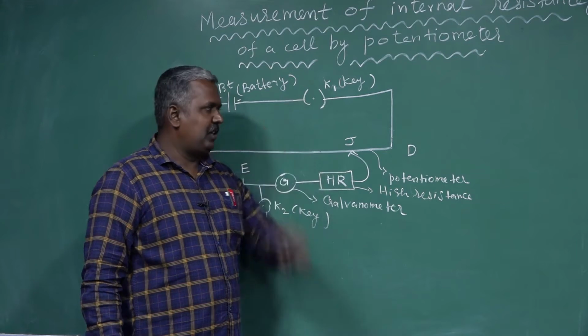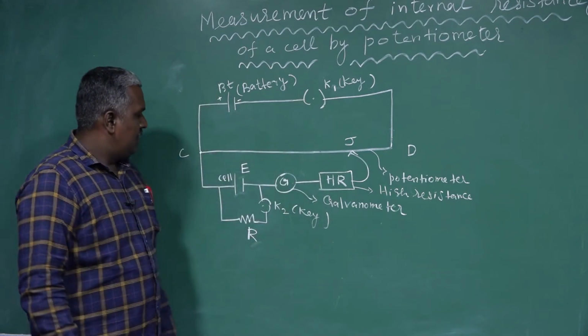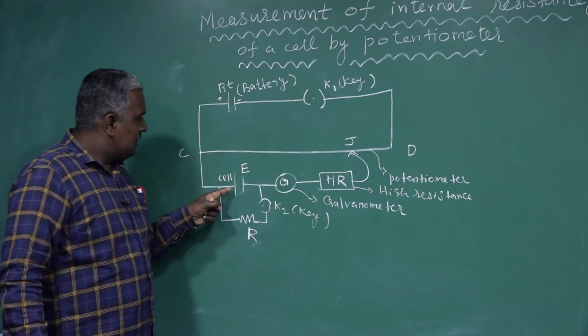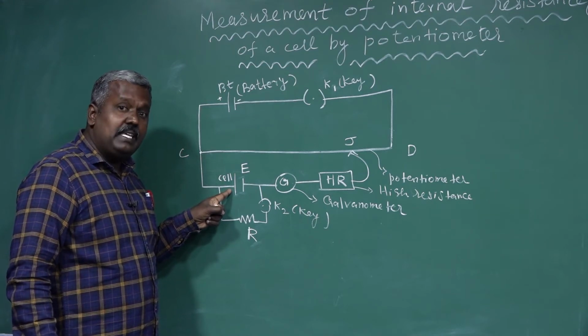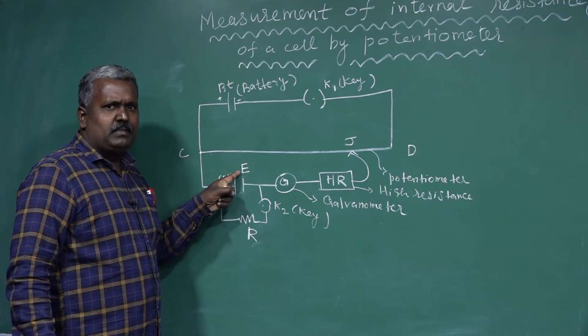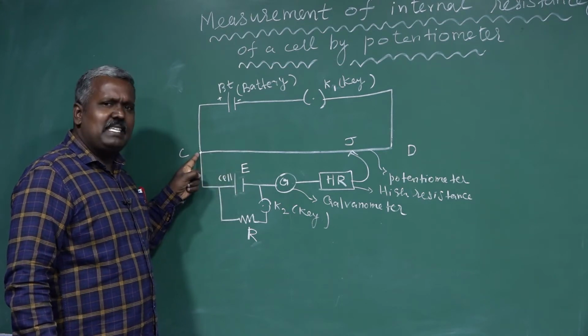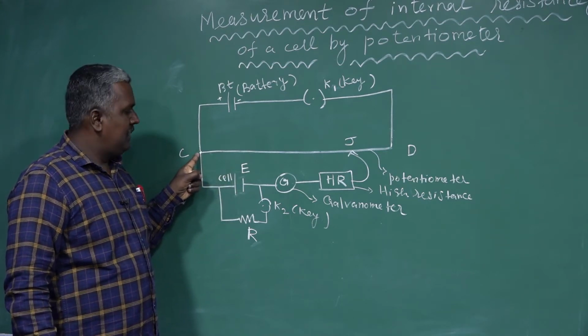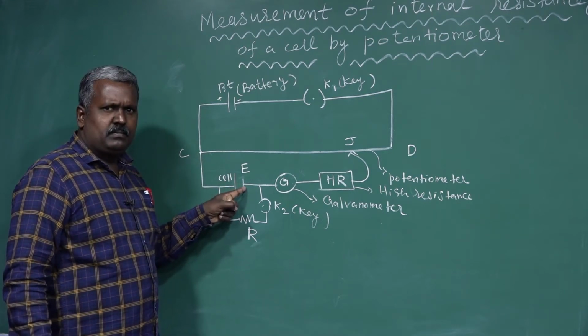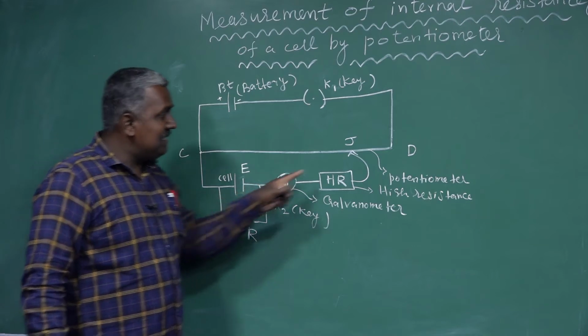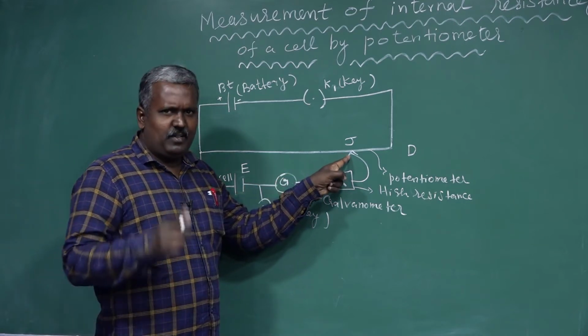Clear? Then the positive terminal of the cell of EMF caps E is connected with the end C of the potentiometer. Then the negative terminal of the cell is connected with the jockey. Already you have seen, I think.